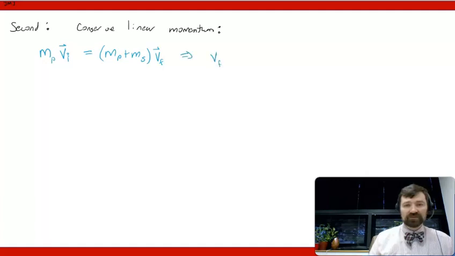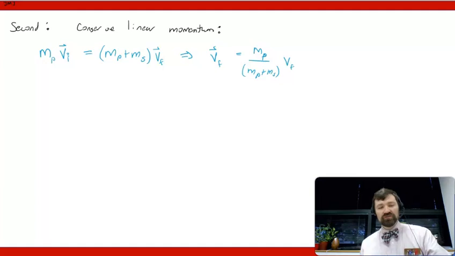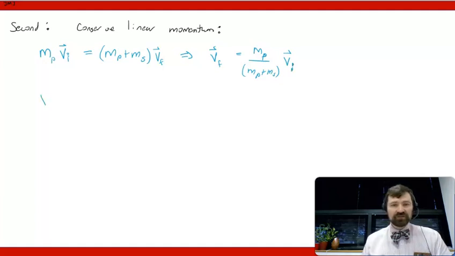So this is just simple linear momentum conservation. This basically means that my final velocity should be this ratio of puck divided by puck plus stick masses times the initial velocity of the puck, which was 25 meters per second in some direction. We're looking for just the speed, so we can drop the directions.